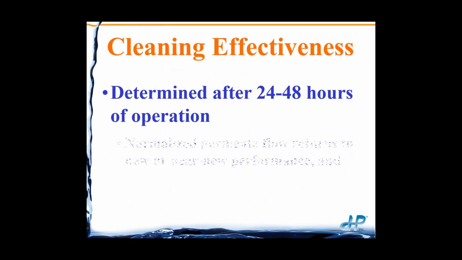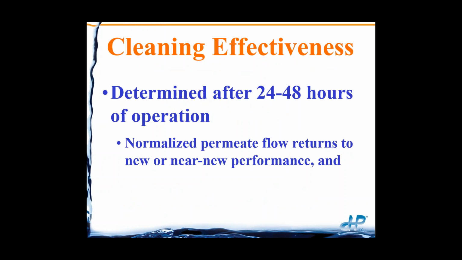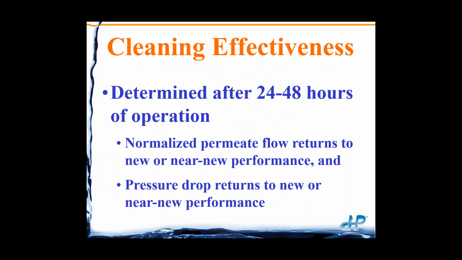What really determines it is when you check your normalized permeate flow and your pressure drops after a day or two. Sometimes, especially if you just use high pH cleaners, you may find that it takes a day or two for the membrane to stabilize. So it actually gets better and better as you go along 24 to 48 hours.